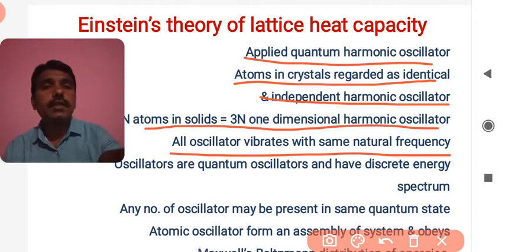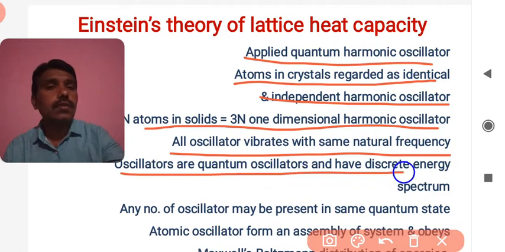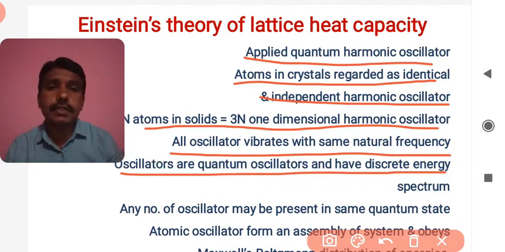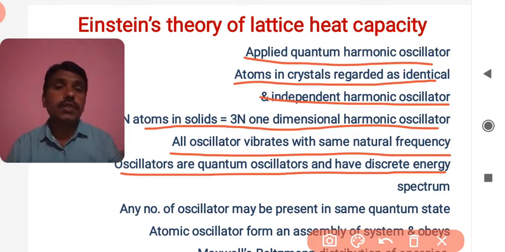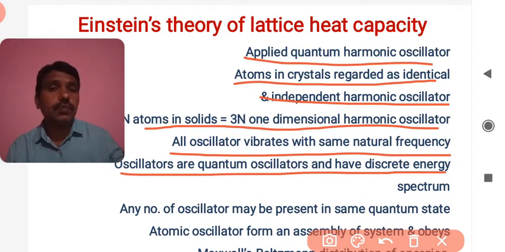Oscillators are taken to be quantum oscillators with a discrete energy spectrum, not a continuous one; the spectrum is formed in discrete steps.